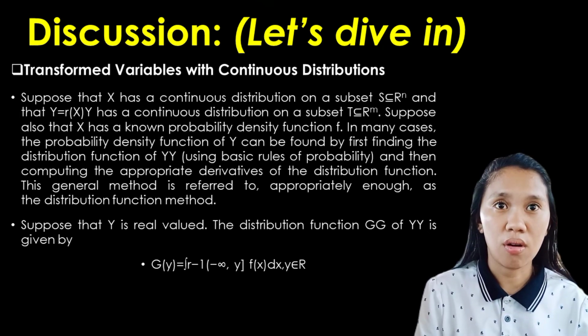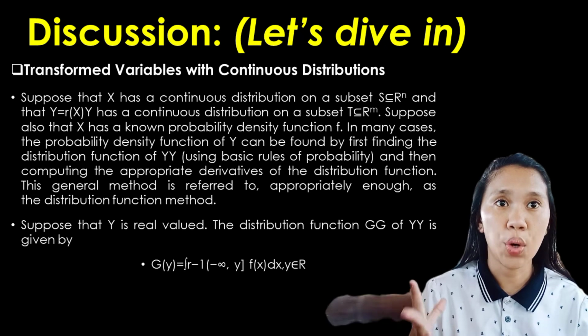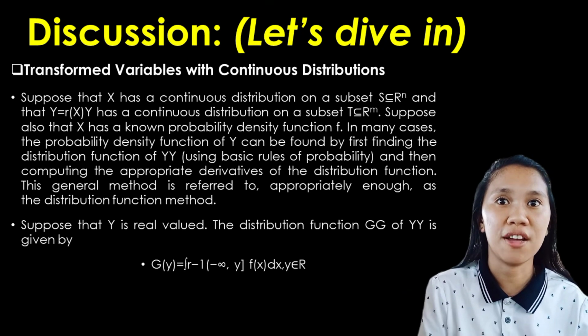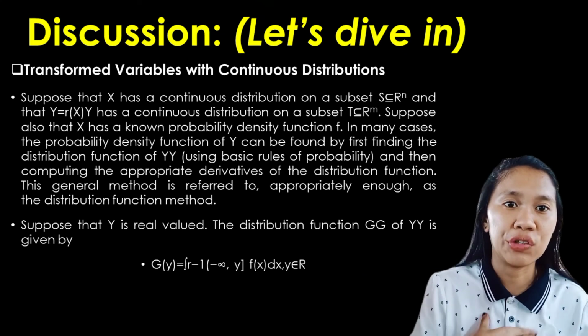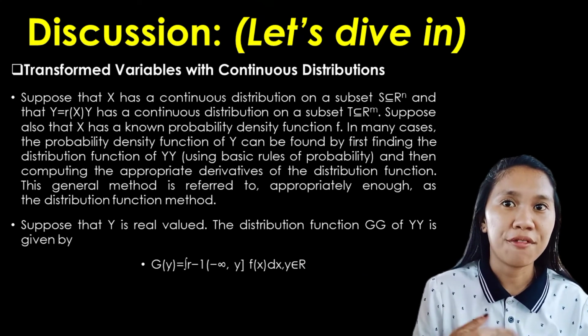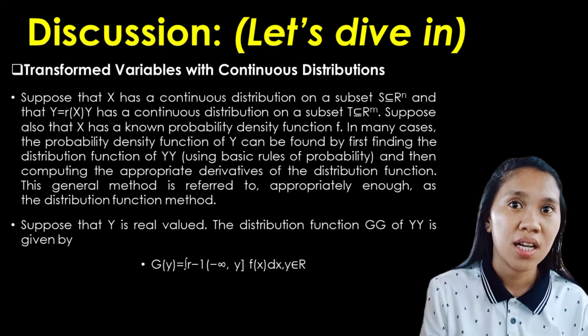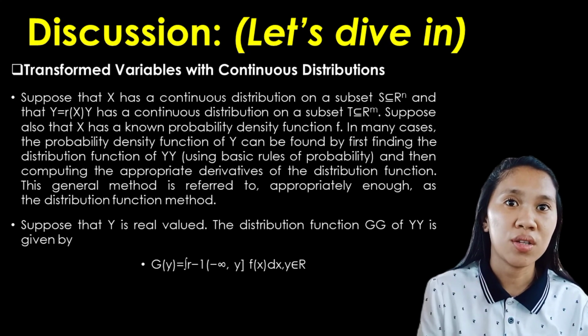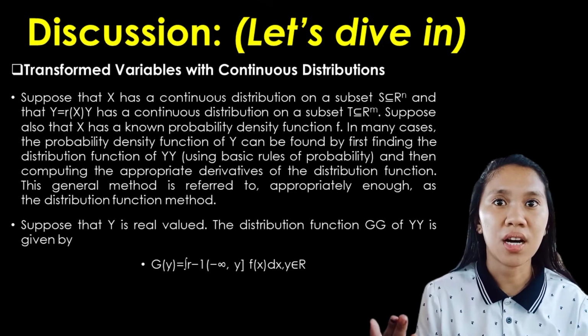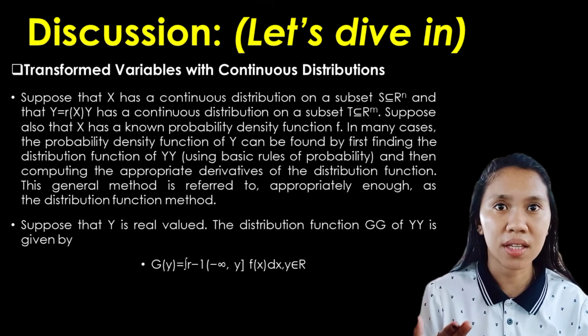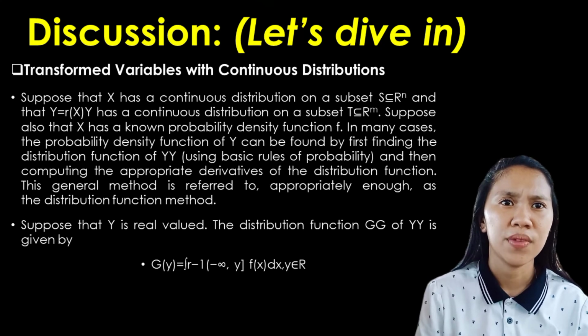Suppose also that x has a known probability density function f. So in many cases, the probability density function of y can be found by first finding the distribution function of y using basic rules of probability, and then computing the appropriate derivatives of the distribution function. So this general method is referred to appropriately enough as the distribution function method.